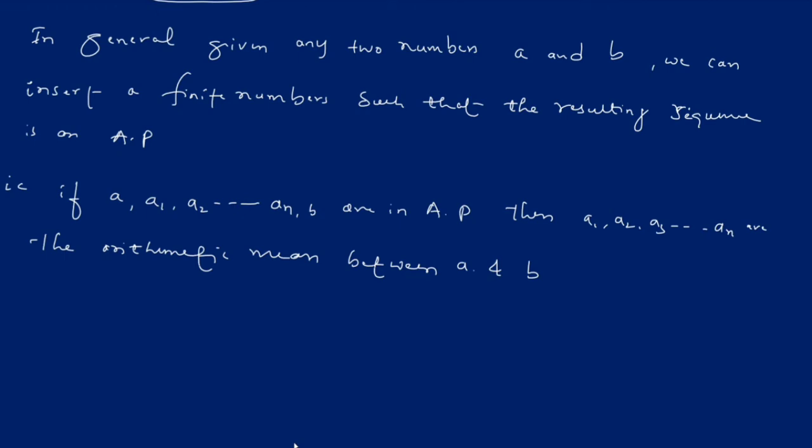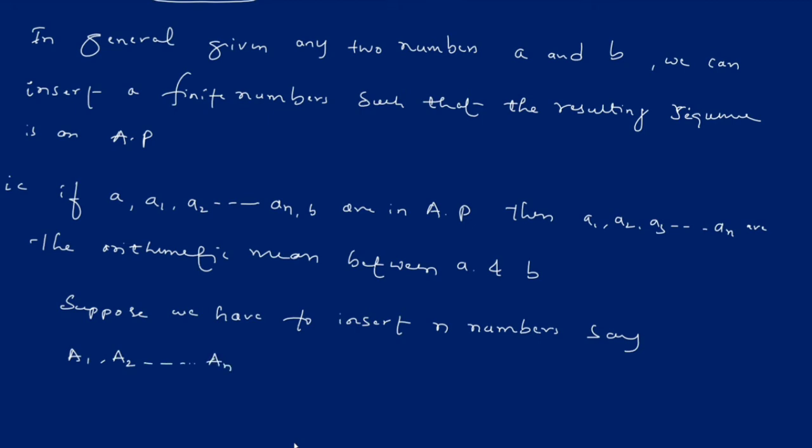Suppose we have to insert n numbers in general, say A1, A2, and so on up to An, between a and b.